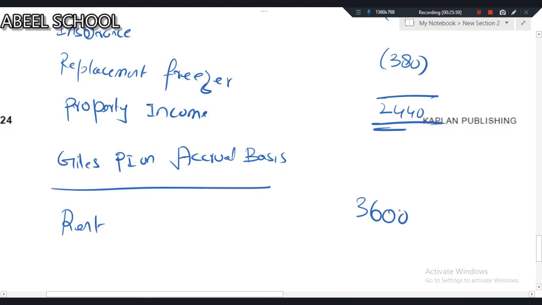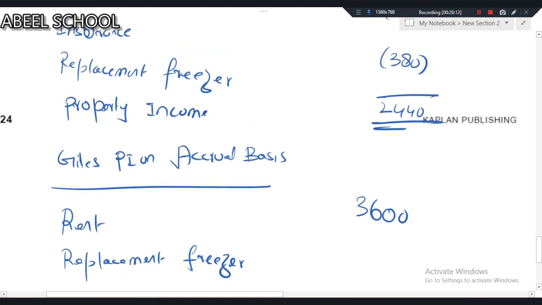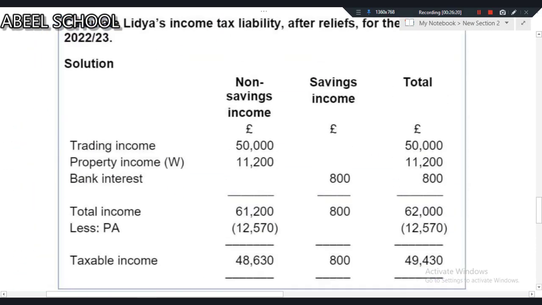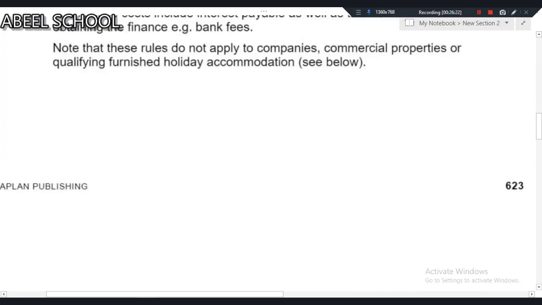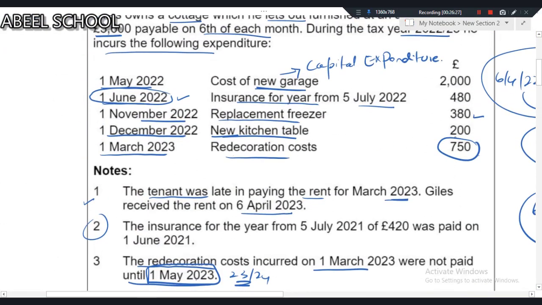Now, another very important difference: replacement furniture relief will remain the same. Replacement freezer, which is 380. Another very important point which we need to discuss in this question on accrual basis is this redecoration cost 750.